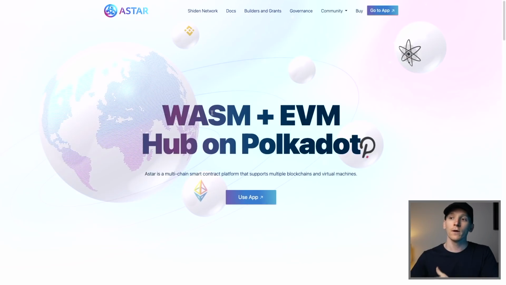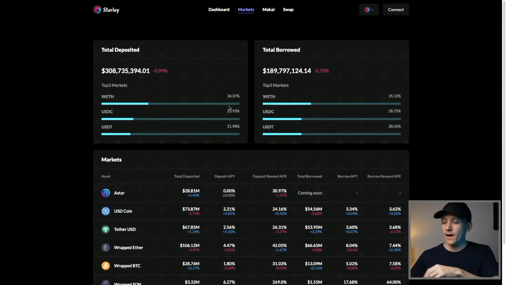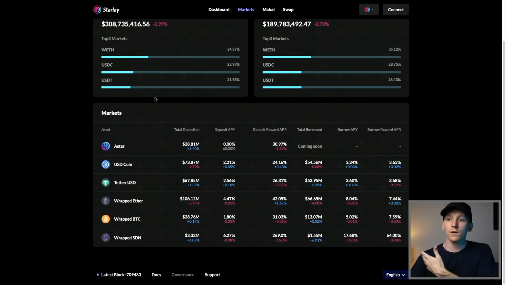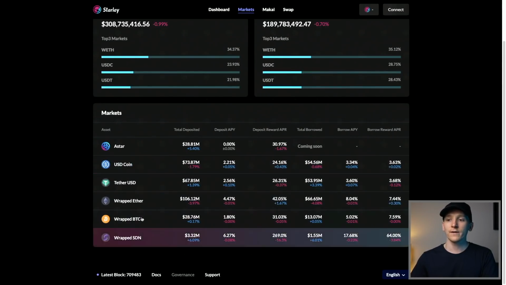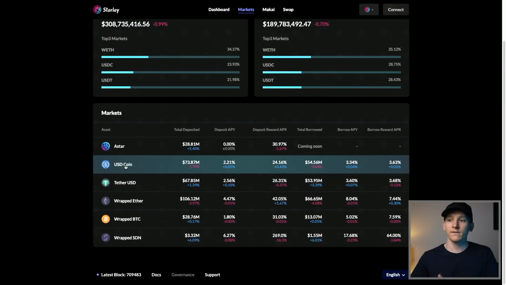Just as an example though, so we've gone over to Astar. They are a new parachain, as I said, and one of the applications on this blockchain is called Yearn.finance. This is all from their Twitter. You can go through it and follow the links. What you can see right here is that there is a massive APY on these assets. So USD Coin is a stablecoin right here.